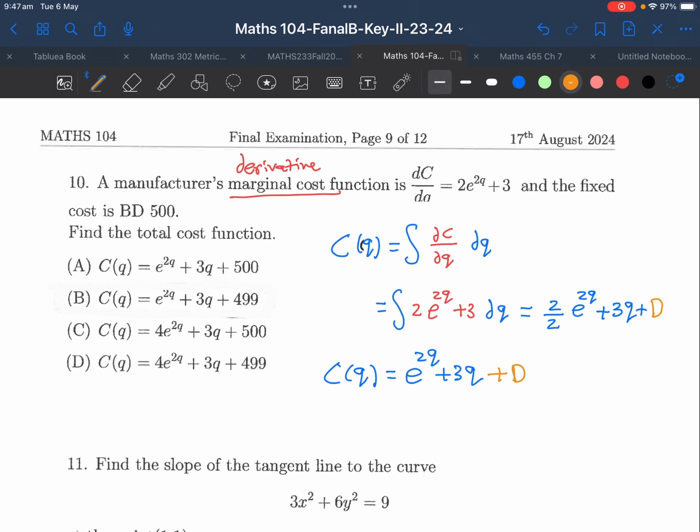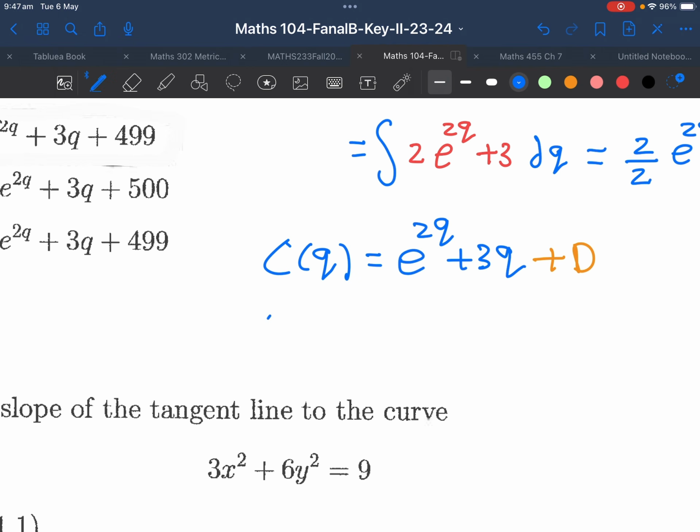Now you have the fixed cost. Remember what fixed cost means: if you substitute 0, the answer would be 500. So if we put 0 here, we should get 500. If you put 0 here and 0 here, what will we get?